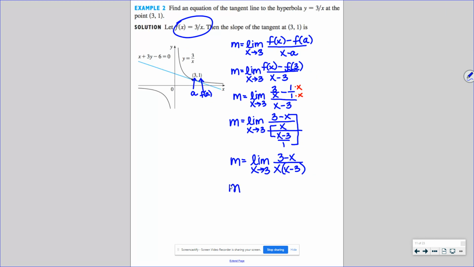The 3 minus x on the top can be flipped if you take out a negative. So I'm going to make that negative and then put x minus 3. I want to do that so it'll cancel. Cancel that, then we can apply the limit. All I have left is negative 1 over x. I'm going to plug and chug and get negative 1/3. So that is the slope of my tangent line.